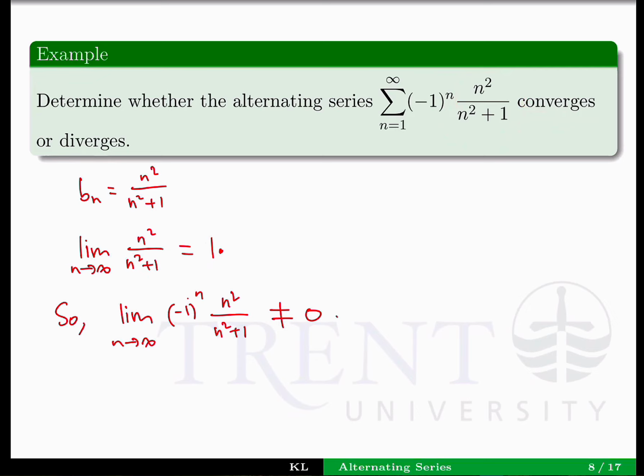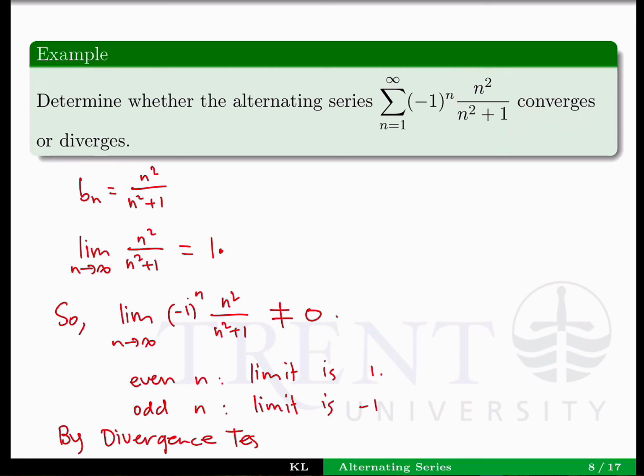In fact, for even n, the limit is equal to 1, but for odd n, the limit is -1. So the limit is not equal to 0, and you can just use the divergence test. By the divergence test, the series -1 to the n times n squared over n squared plus 1 is divergent.